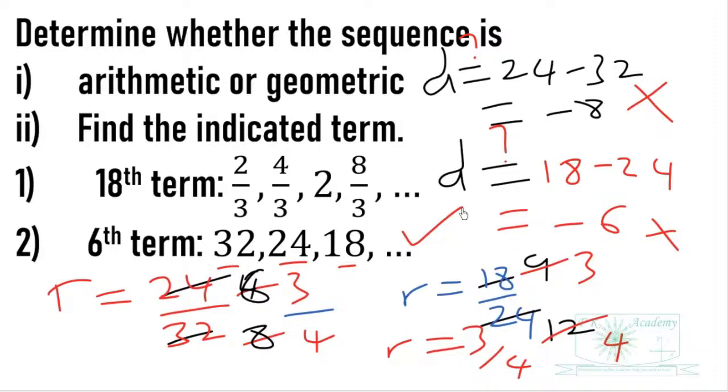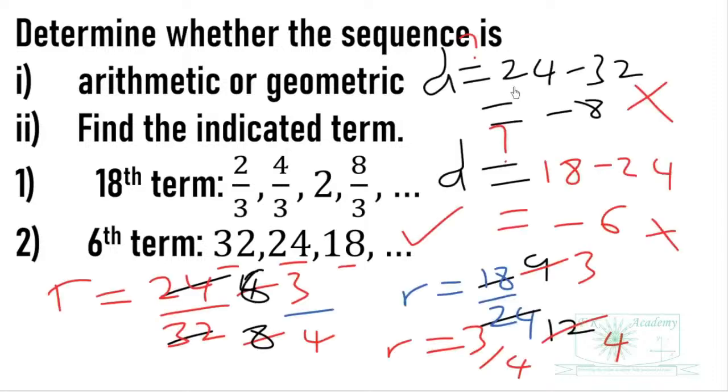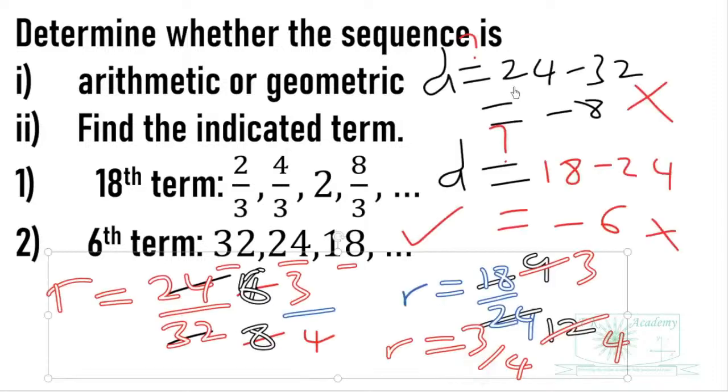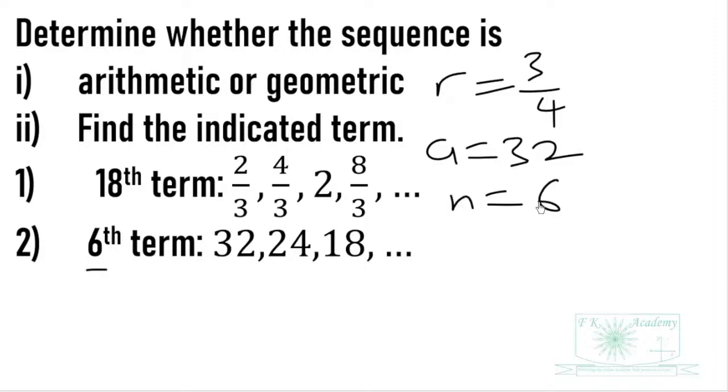Since it is geometric, we have the common ratio to be equal to 3 over 4. We have the first term to be 32, and we are looking for the sixth term, so n is equal to 6. Recall, for a geometric sequence, u sub n is equal to a times r exponent n minus 1.